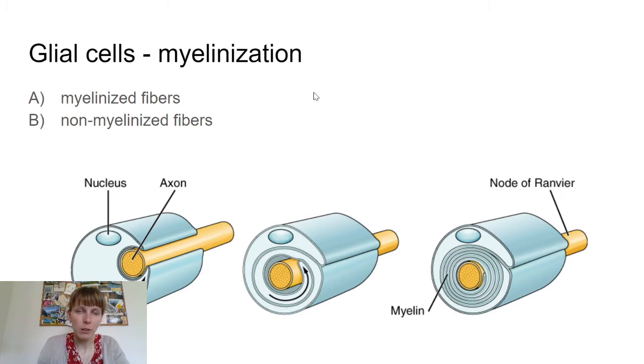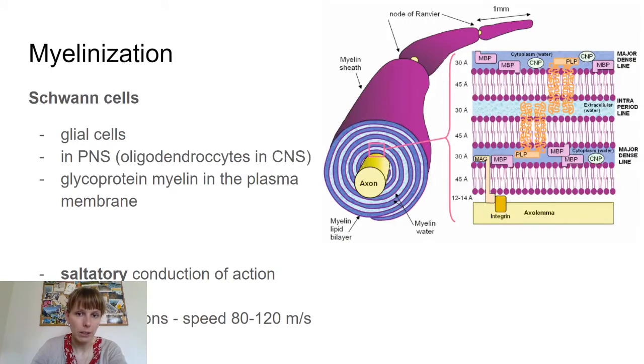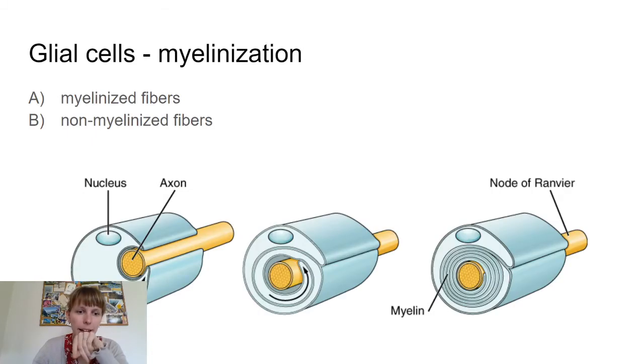In the central nervous system we talked about oligodendrocytes that were myelinating the axons in the brain and in the spinal cord. In the peripheral nervous system, it will be the Schwann cells. So we will be talking about Schwann cells, but let me just go back to this slide, because not all the fibers, not all the axons have to be myelinated.